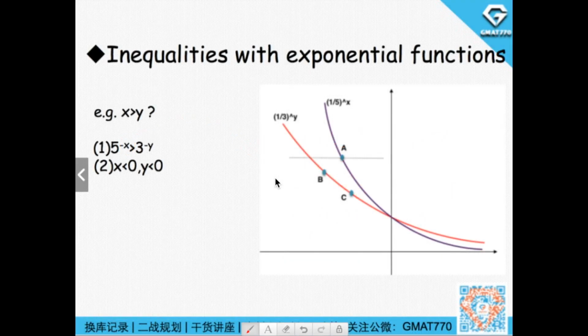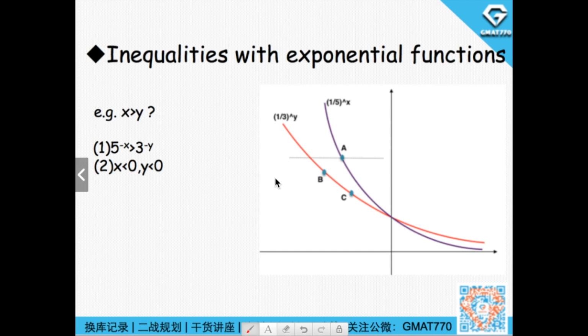Okay, here are two lines drawn in one coordinate system. The purple one represents x power of 1/5, and the red one represents y power of 1/3. Can we use the two lines to determine whether x is greater than y? Statement 1 tells us that the value of the purple line's point is greater than the value of the red one's point.